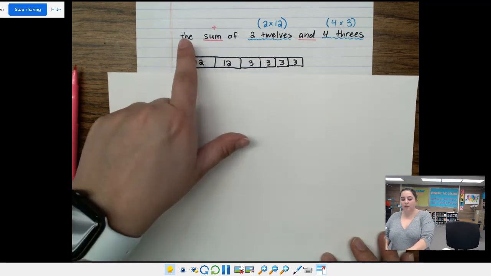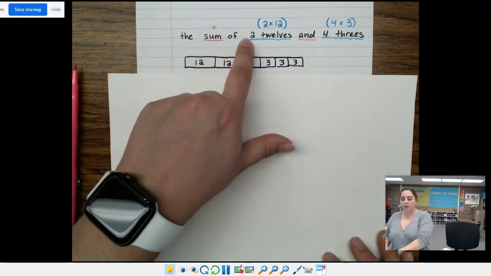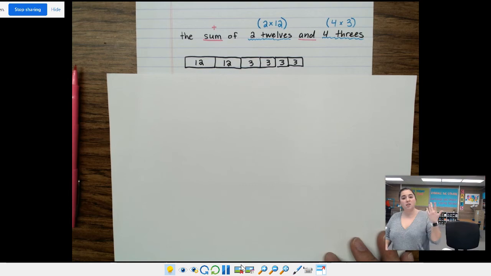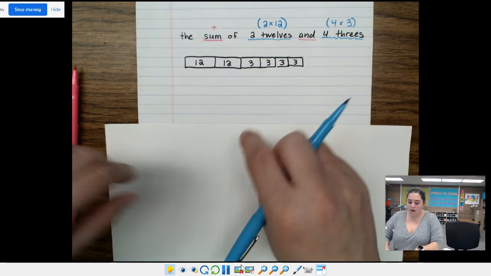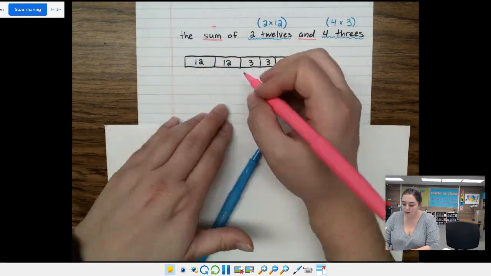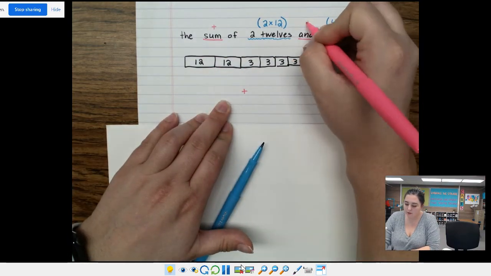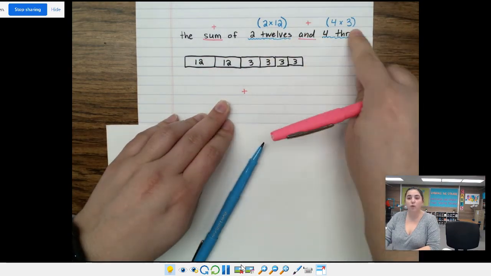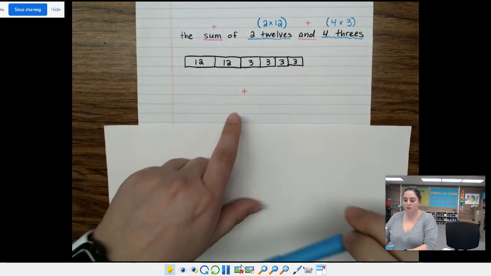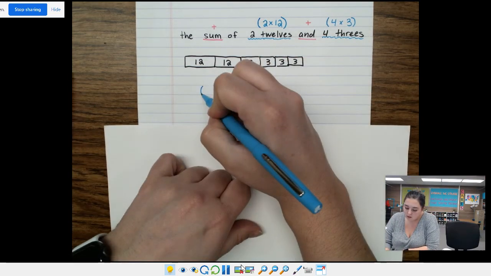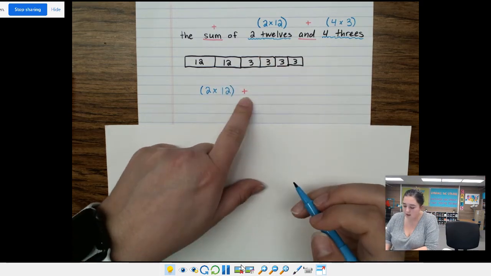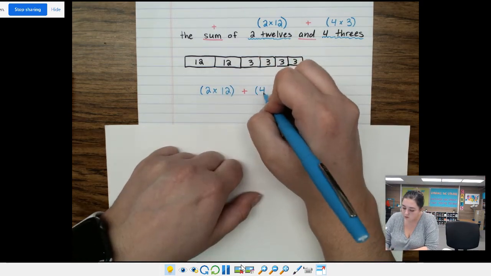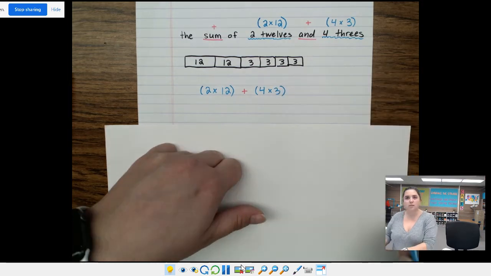So this is saying find the sum of this and this. So this is how simple it's going to be. I know here's my and. In fact, I could write it up here and we basically wrote the expression. So the sum of 2/12 and 4/3.